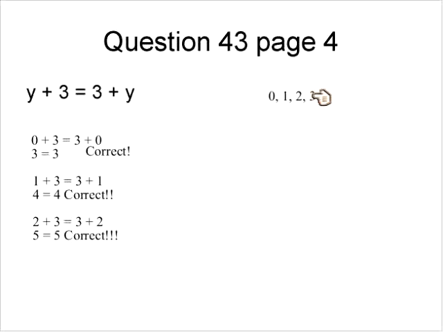If we plug in 3, 3 plus 3 is equal to 3 plus 3, and we get 6. 6 is on both sides, so that's correct. Anything you put into this equation is going to work. So the solution is all numbers. If you substitute in a bunch of numbers and they all work, then your answer would be all numbers.